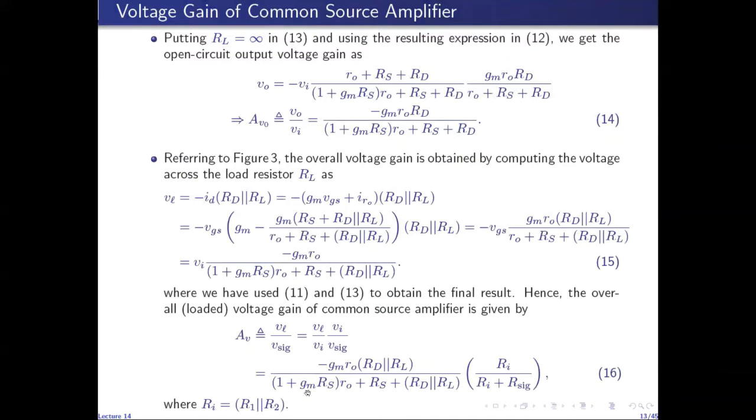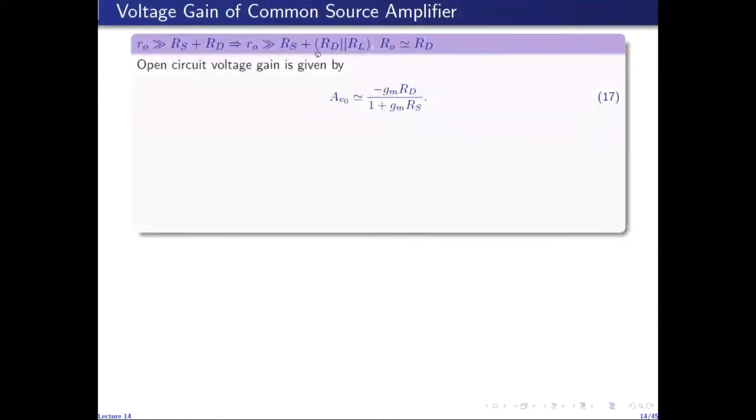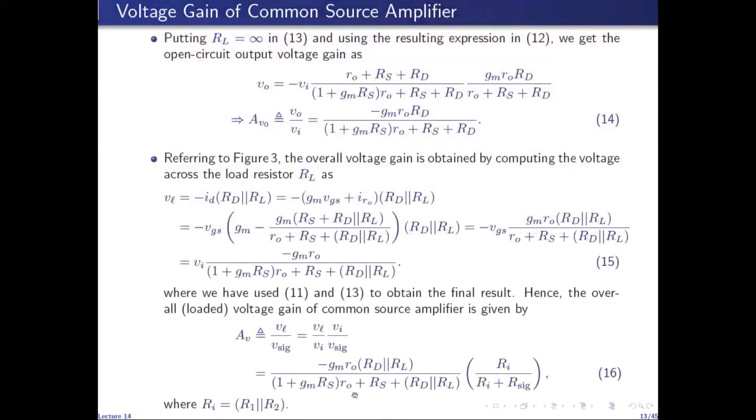Similarly, the first term in this denominator is small r naught and the third term is RS plus RD in parallel with RL. So using this assumption, this sum is approximately equal to small r naught, which approximates the denominator by this term.